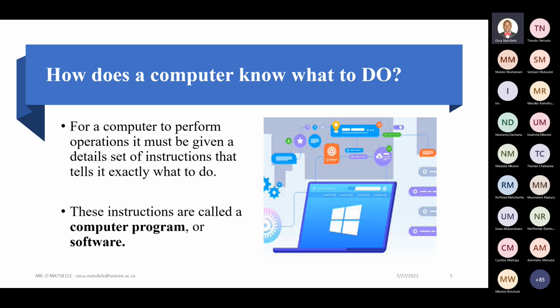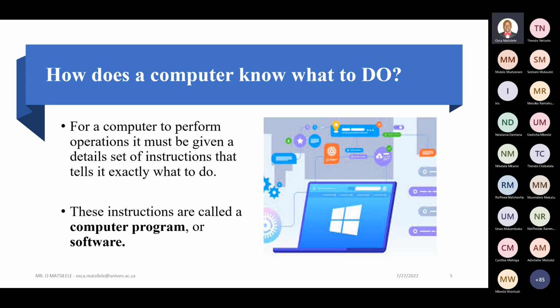If you still remember, we talked during the first semester that these instructions are called a computer program or software. That is why we are now leading to software, because in the first semester we were talking about the hardware components, but now we are going straight to the other part, which is the software.